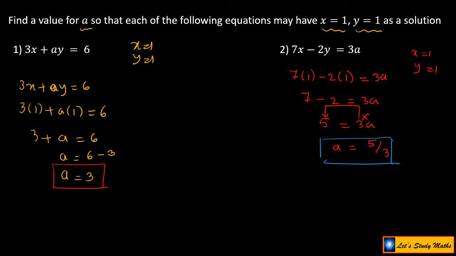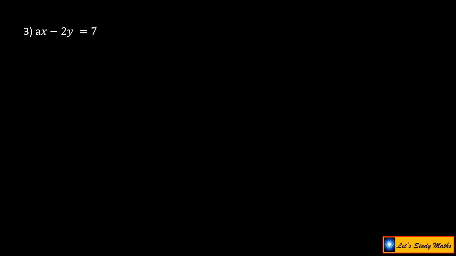So next we'll see another example. Okay students, the question is here, ax minus 2y is equal to 7. So we'll write the given equation. So ax minus 2y is equal to 7, and we have x equal to 1 and y is equal to 1, and we need to find out the a value. So we'll fill here a into 1 minus 2 into 1 is equal to 7.